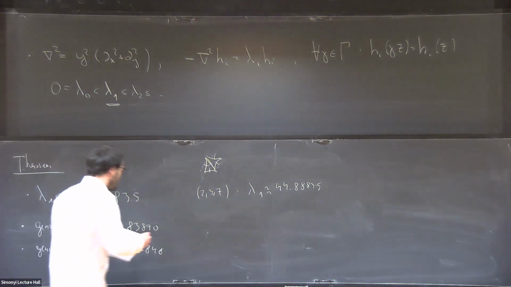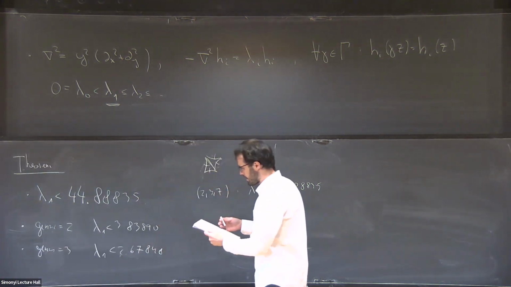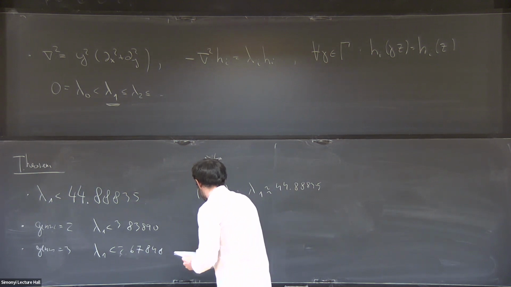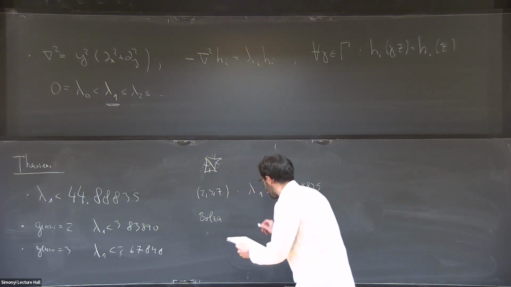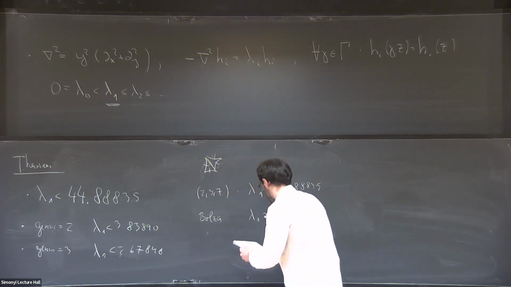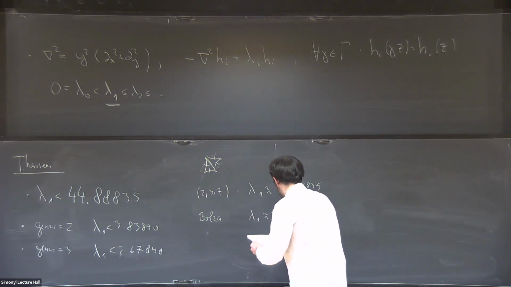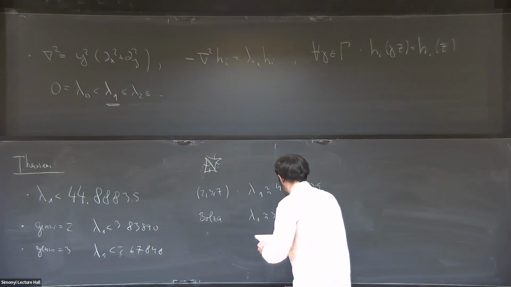For genus 2, this seems to be nearly saturated by the Bolza surface, which is the most symmetric point in the genus 2 moduli space. The Bolza surface has eigenvalue lambda 1 about 3.83889.